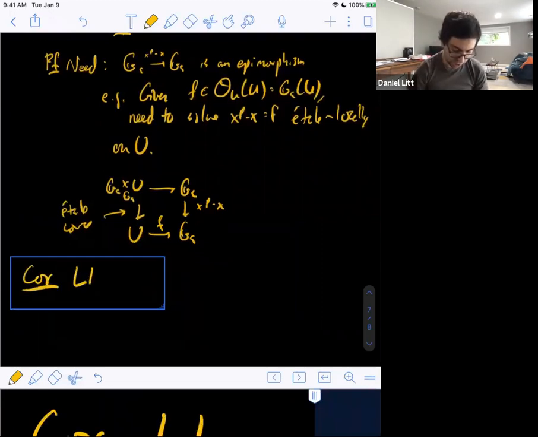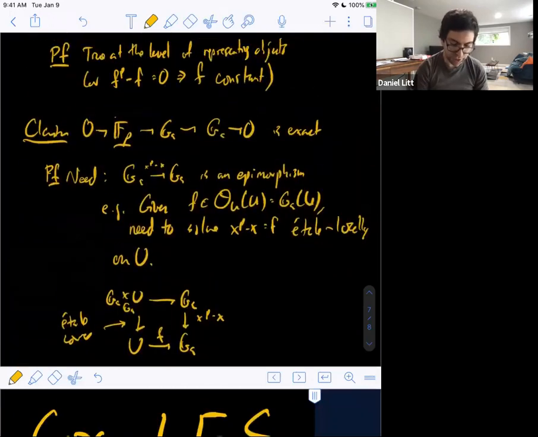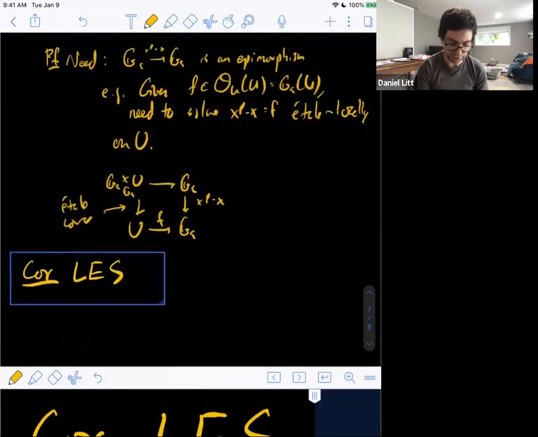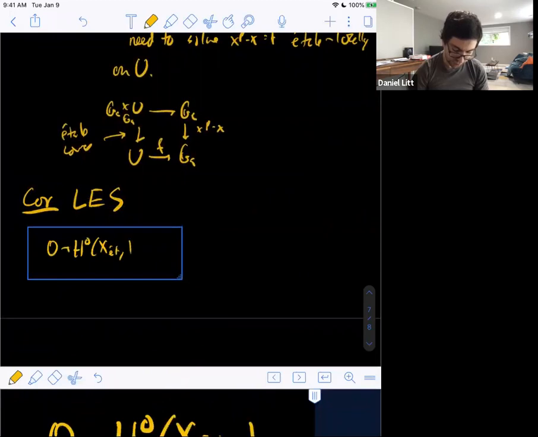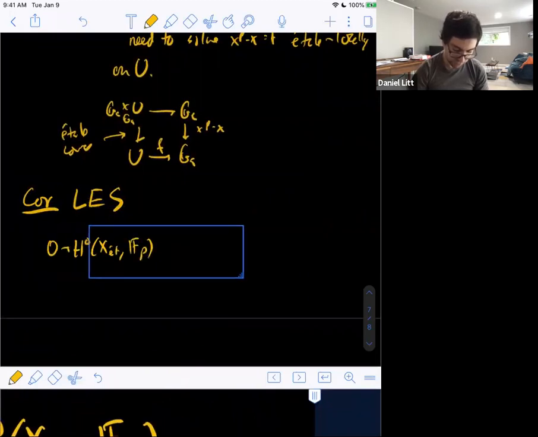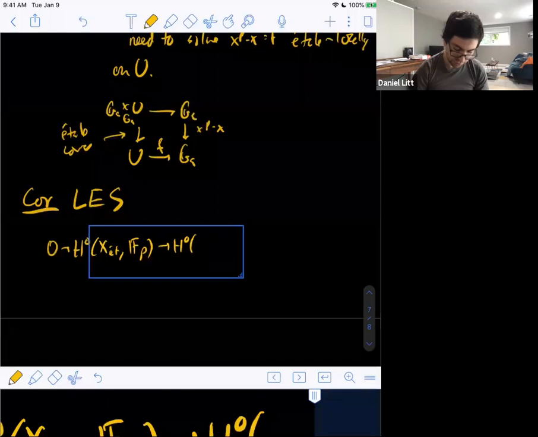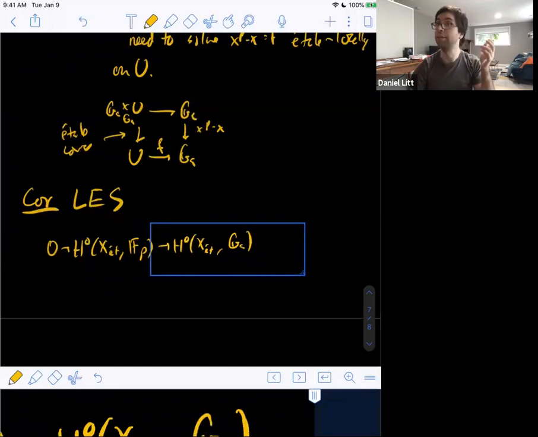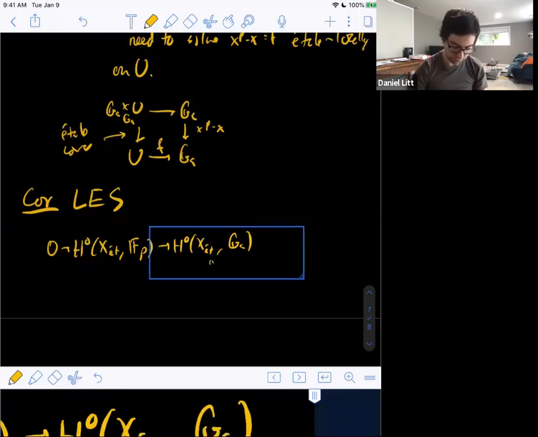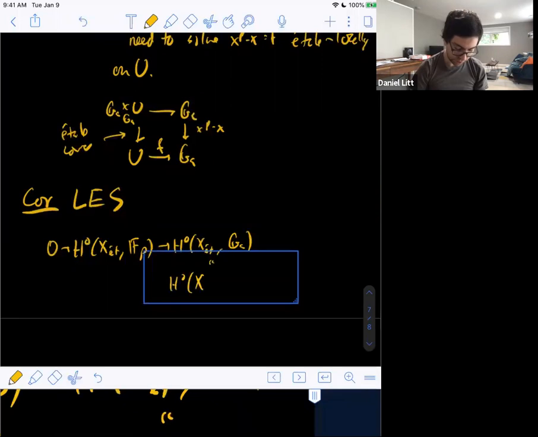Okay, so the corollary, and this is the answer to our computation, is that there's a long exact sequence associated to this short exact sequence of sheaves. So what does it look like? We get 0 to H^0(X_Étale, F_p) to H^0(X_Étale, G_a). That's just H^0(X, O_X), right? And that's the usual thing we know how to compute.